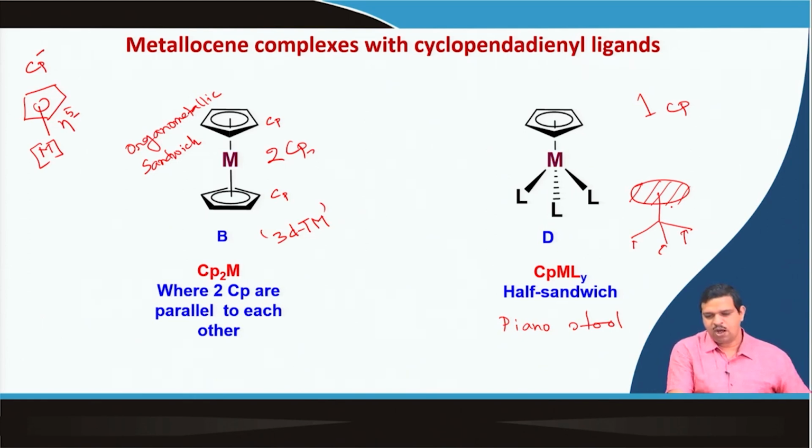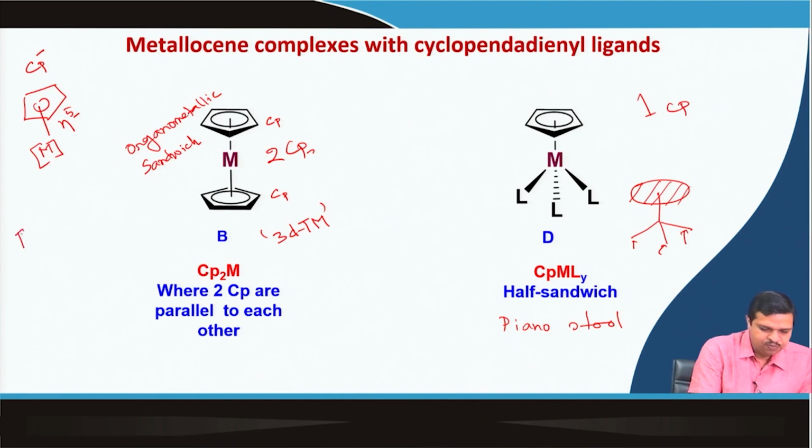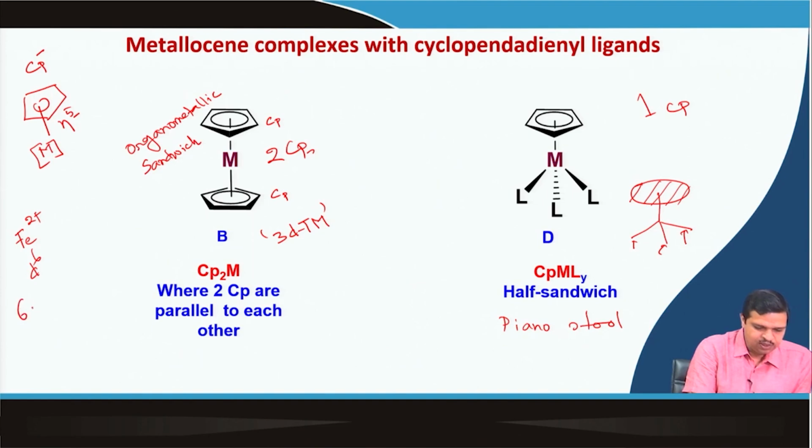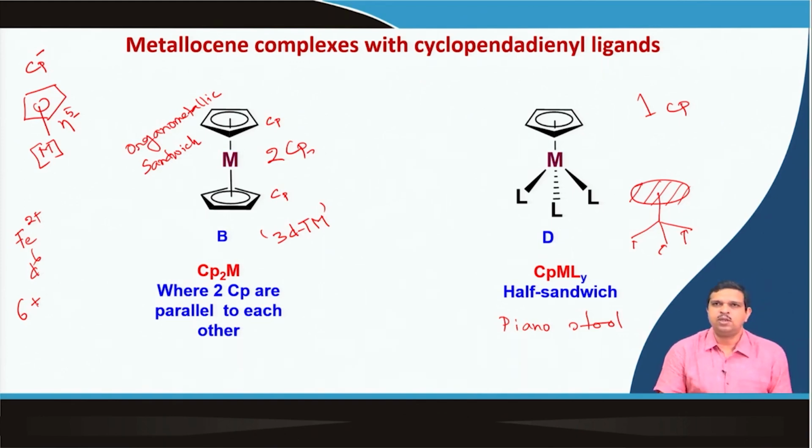Actually, if you see how it can form, suppose for iron, iron 2 plus is a d6 system. If I validate by the 18 electron rule, this is 6 electrons from the metal, and the Cp minus exists as an anionic Cp, so Cp minus is 6 electrons again.